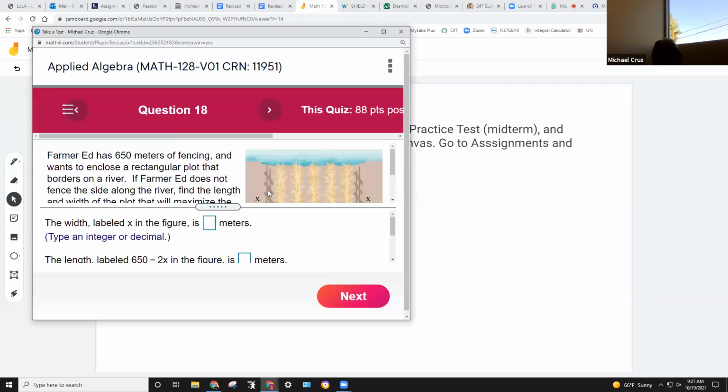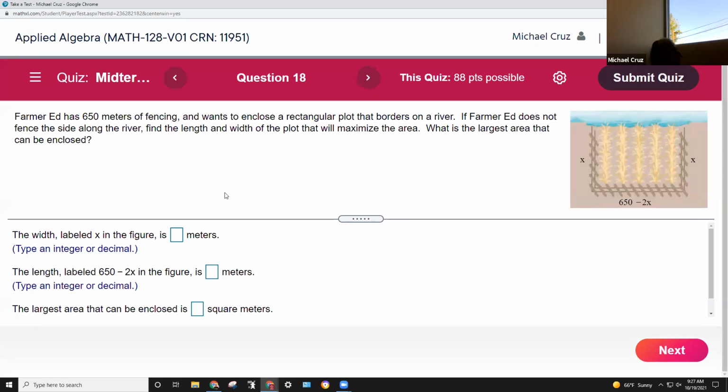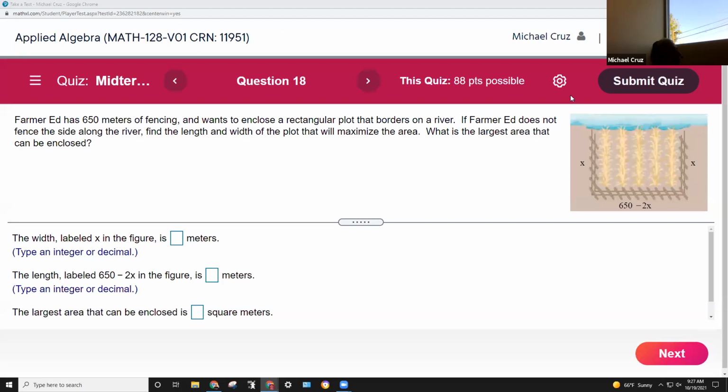As I said, once we get about 15 minutes left, I want to finish this one. It's a little bit long, and I didn't finish it because I wanted to get that whole review through, so I glossed over this one. But the good thing is they already give you the setup, which makes it pretty easy, because you just find the area by multiplying these two, and that's the function you're going to maximize.